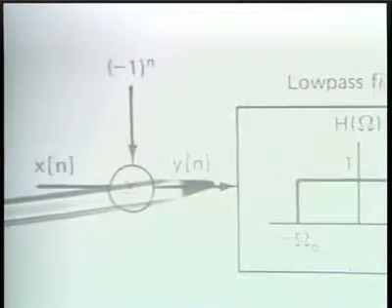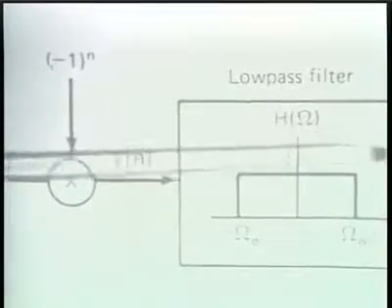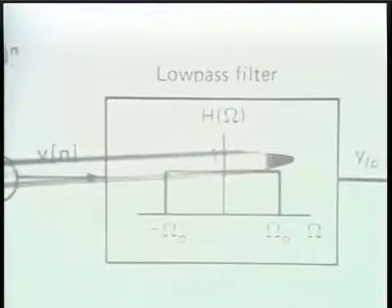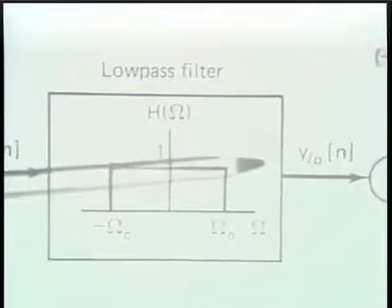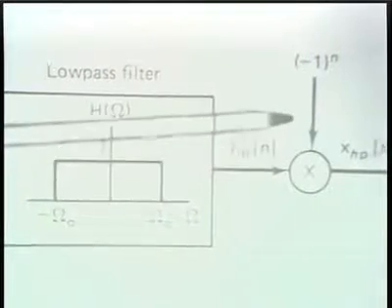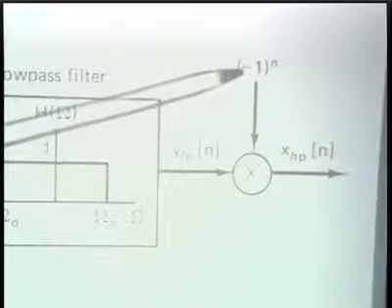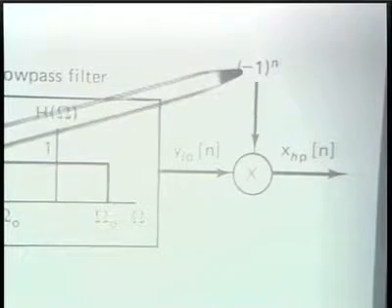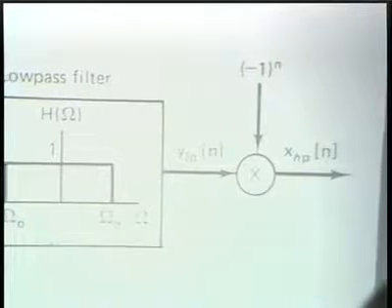And if after modulation, that is processed with a low-pass filter, and then the result is demodulated using exactly the same carrier, namely a carrier which is (-1)^n, then the effect of that is equivalent to high-pass filtering on the original signal.